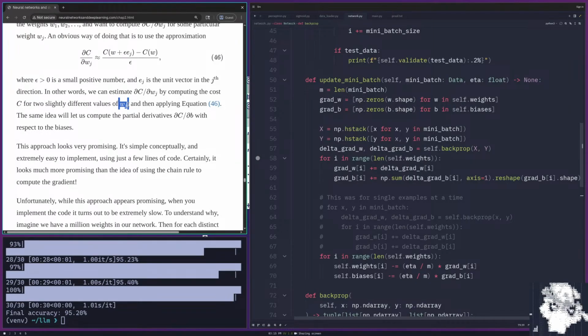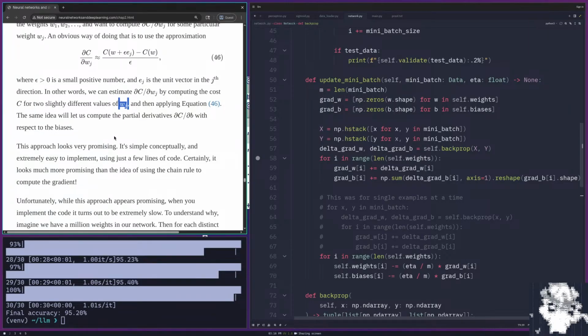So for each weight, you compute, okay, yeah, there's only one Ej for each W, because we're talking about Wj, so it's the j of that W, not of every Ej.